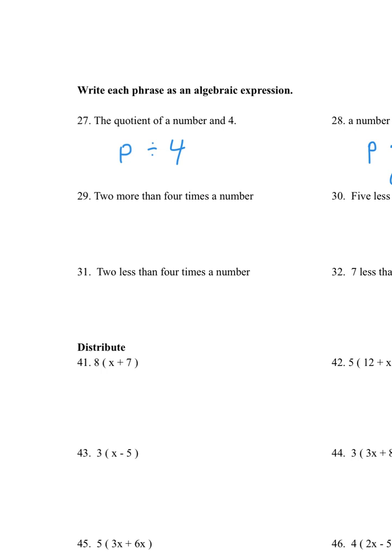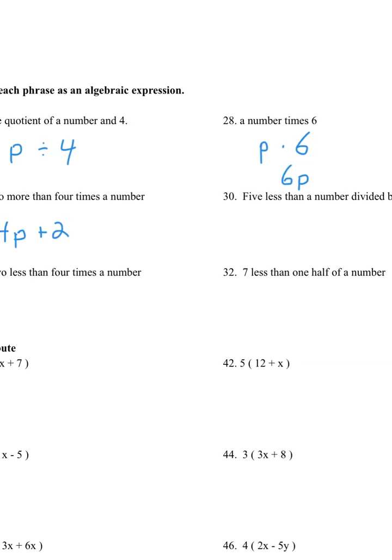So, if we have 4 times a number, we will represent it by 4p. 2 more than 4 times a number, we will add 2. Because of order of operations, we don't have to show any parentheses here because 4p will come first.